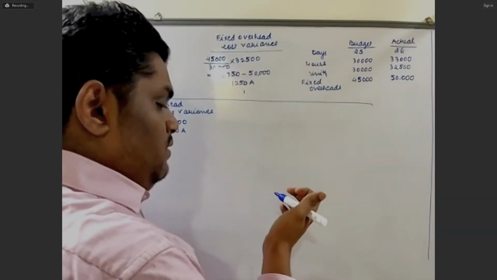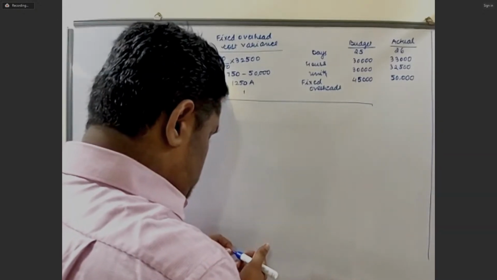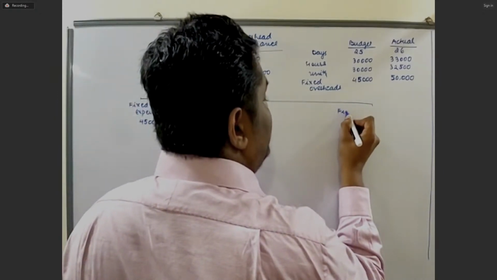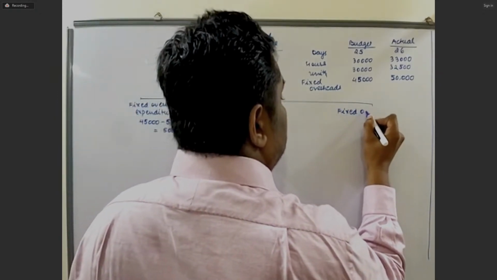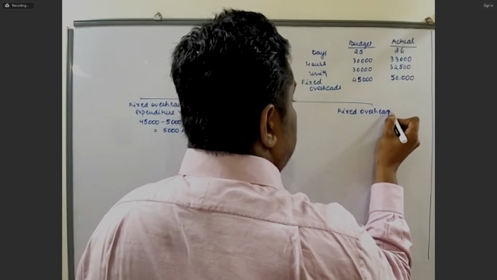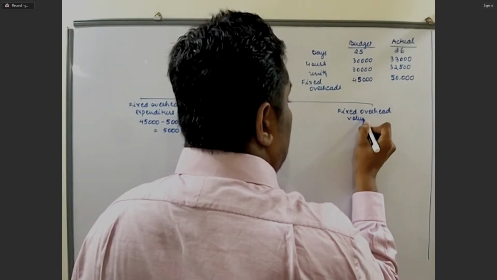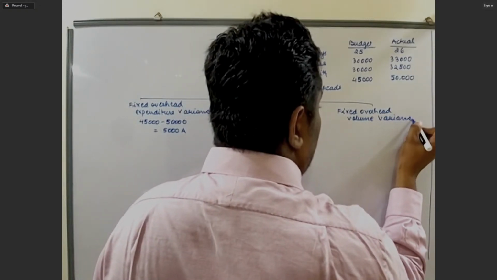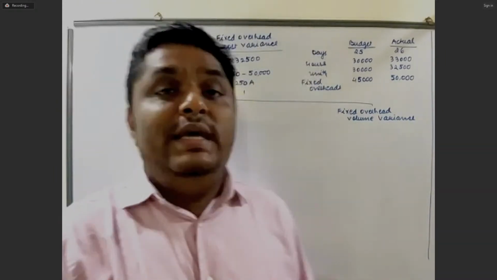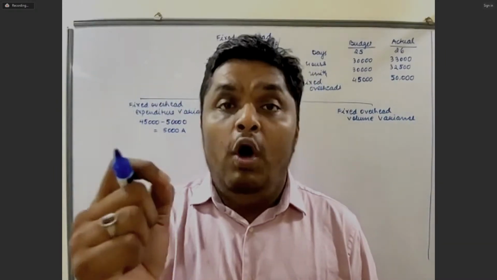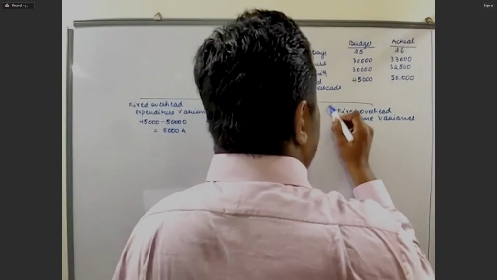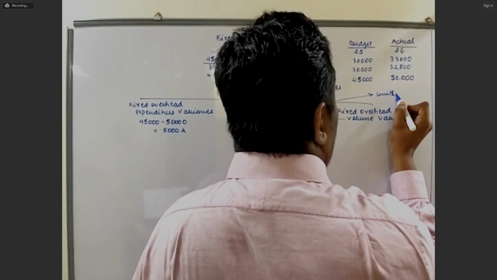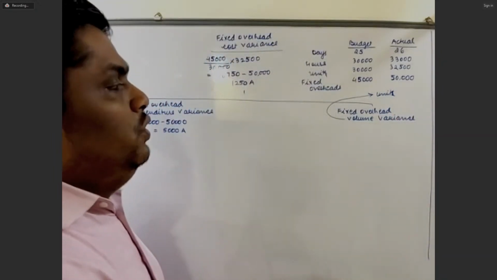Now, next is fixed overhead volume variance. The name itself says due to change in volume. Volume means what? Units.